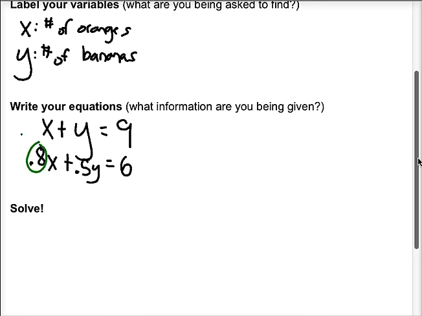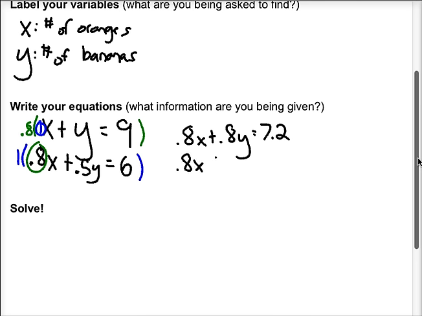Take that x value, multiply this whole thing by 0.8, take this x value of 1, multiply that whole thing by 1. That's how you can get these to perfectly line up. So you'll get 0.8x plus 0.8y equals 9 times 0.8 is 7.2. Then notice this one didn't change at all.